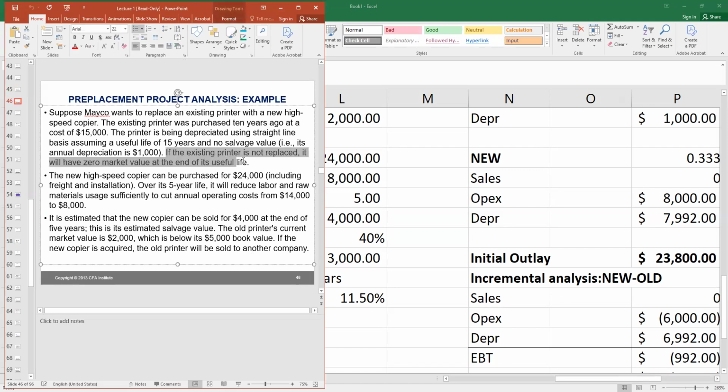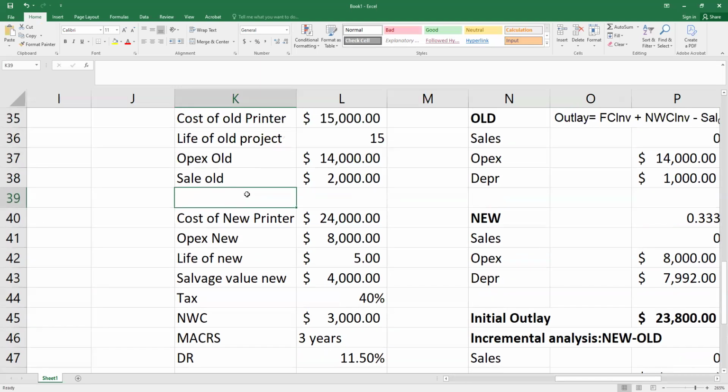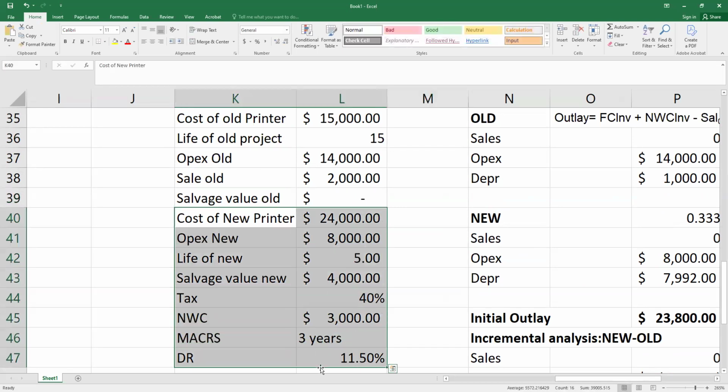If the existing printer is not replaced, it will have zero market value at the end of its useful life and no salvage value for the old equipment. Okay? So I will put here salvage value of old. I'll put 0.